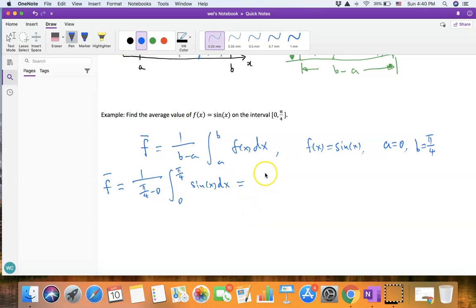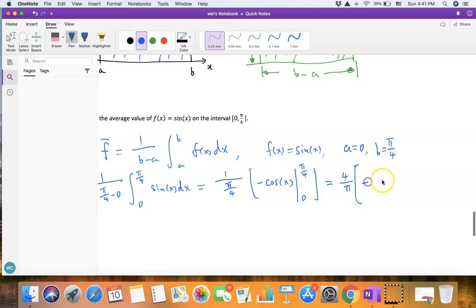So we have 1 over pi over 4 times negative cosine x, where x goes from 0 to pi over 4. And 1 over pi over 4 we can write as 4 over pi, times negative cosine x from 0 to pi over 4.